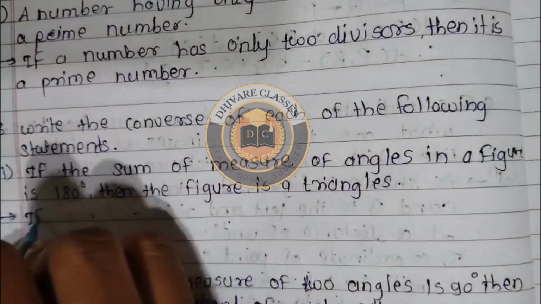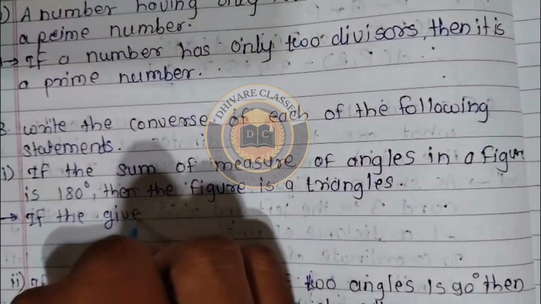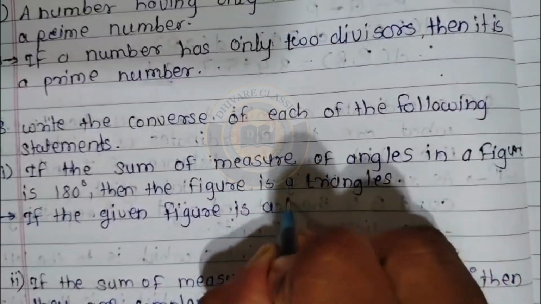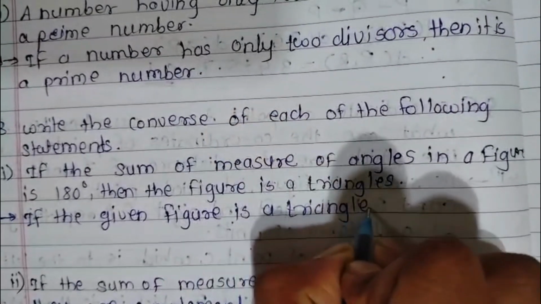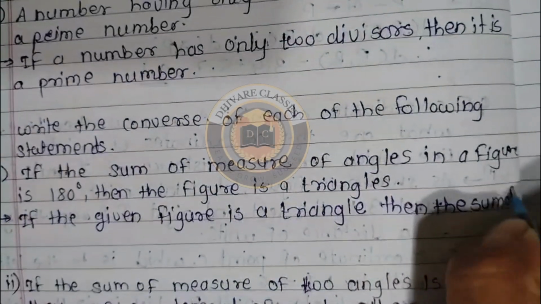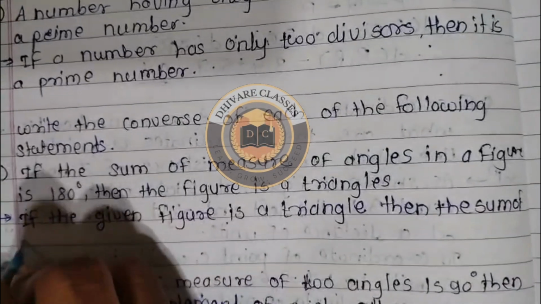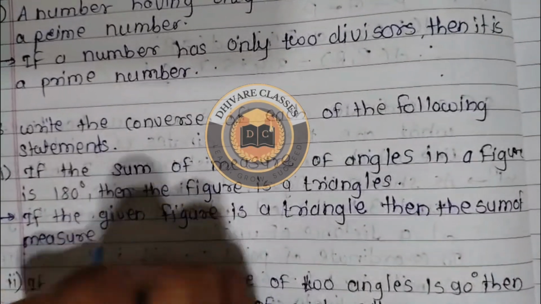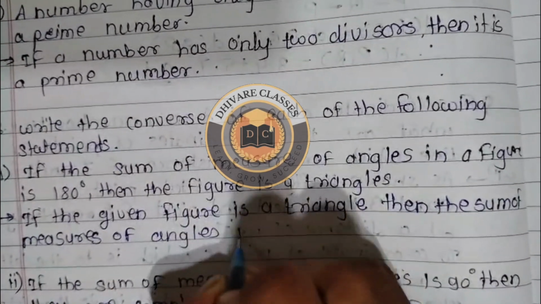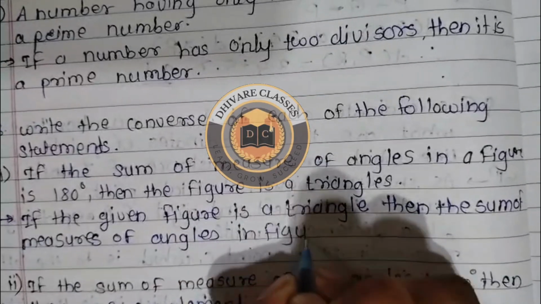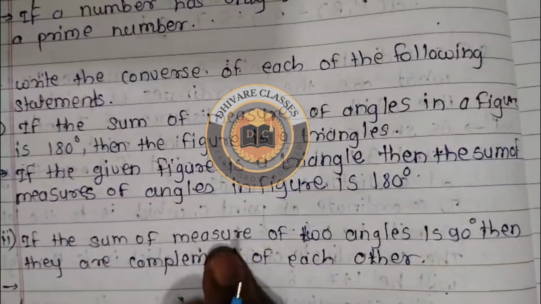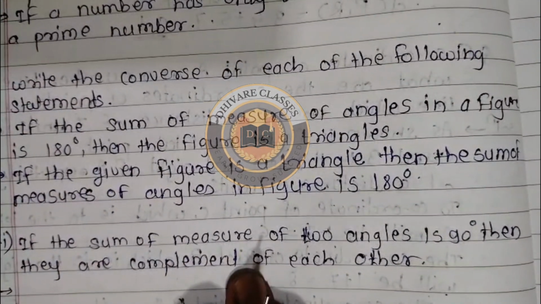The converse: if the given figure is a triangle, then the sum of measures of angles in the figure is 180 degrees.